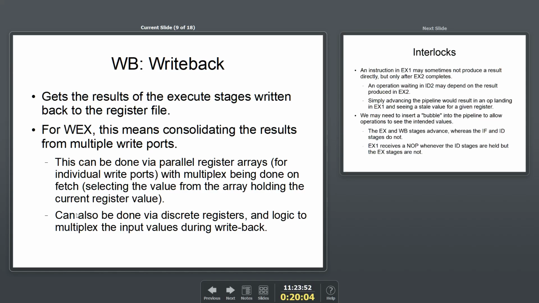It can also be done via discrete registers, with logic to multiplex the input values during writeback, or multiplex each write port into the discrete register.